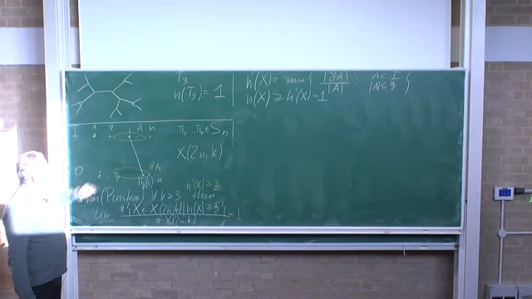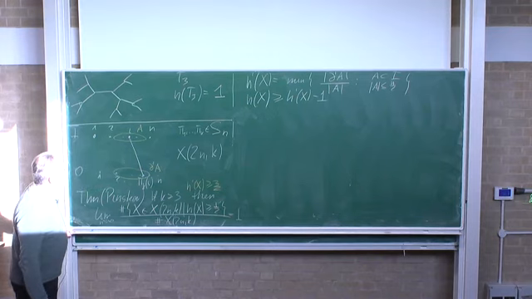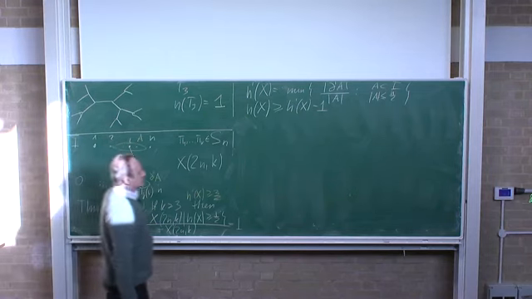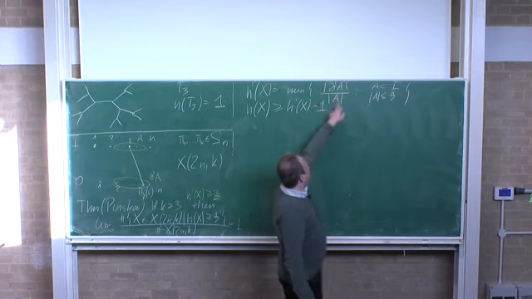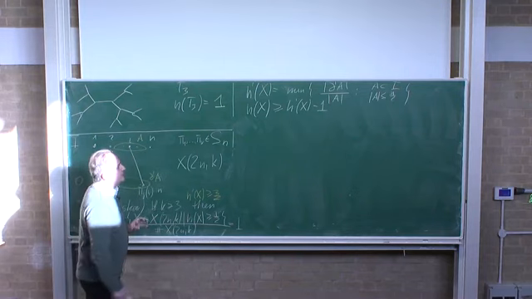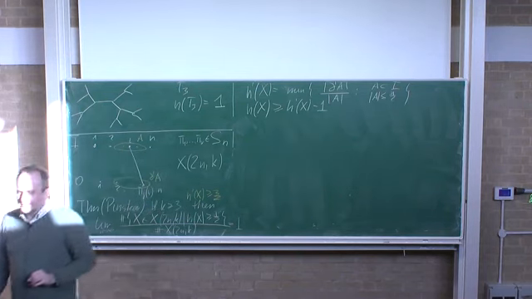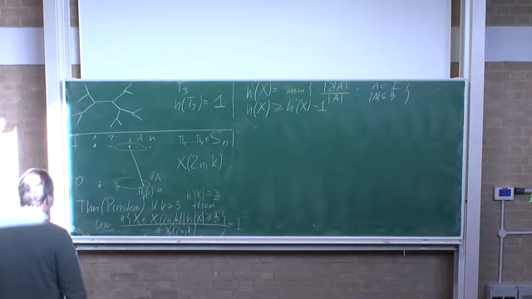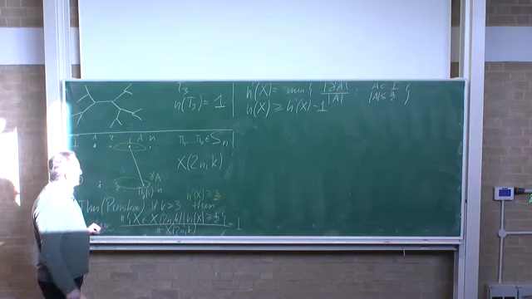First of all, we're counting vertices, and in the previous one we were counting edges.